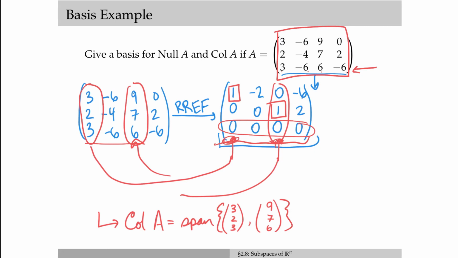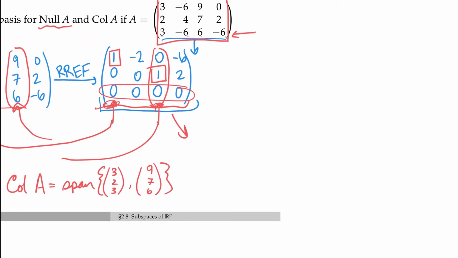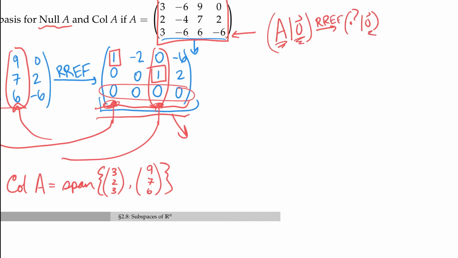All right, now to get the null space, we actually can just use this matrix we have right here, because if I form the augmented matrix [A | 0], that's me solving the homogeneous system. Now think about it. If I'm doing row operations on A, like I did over here, and I put a 0 in the right-hand column, that 0 column is never going to change.